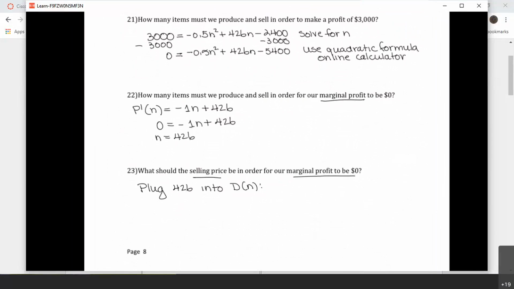So that's D of 426, negative 0.5 times 426 plus 440. So when you have a demand of 426 units, your price should be $227. The arithmetic here is really simple.